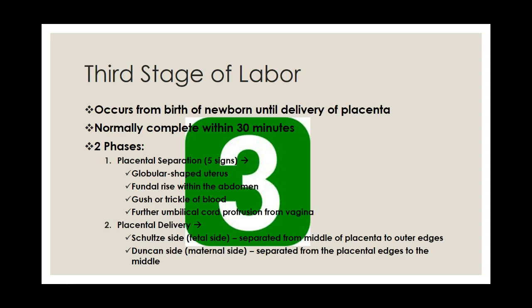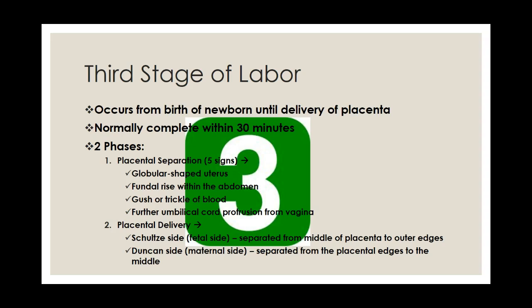With the delivery of the placenta, it might come out one side or another. There is the Schultz side, which is the fetal side. If the placenta delivers with Schultz side up, then that means the placenta has separated from the middle of the placenta to the outer edges, meaning separated from the uterine wall.